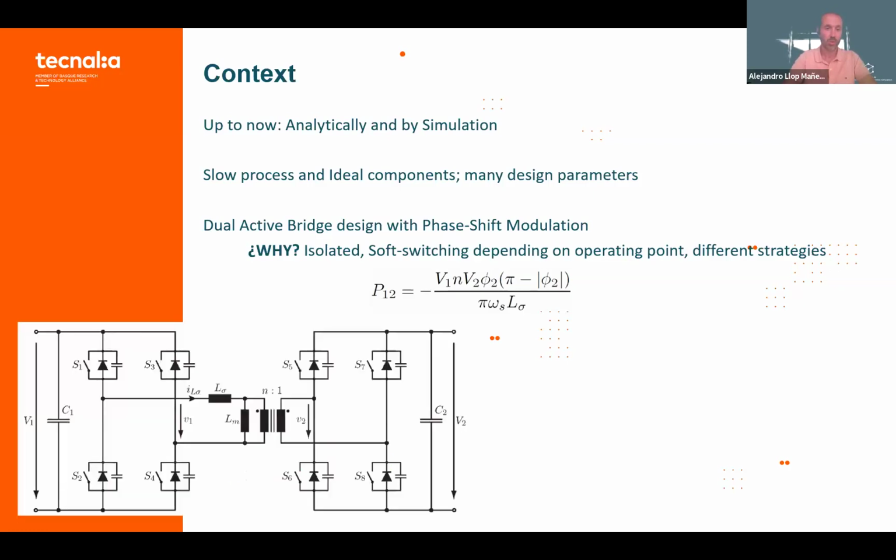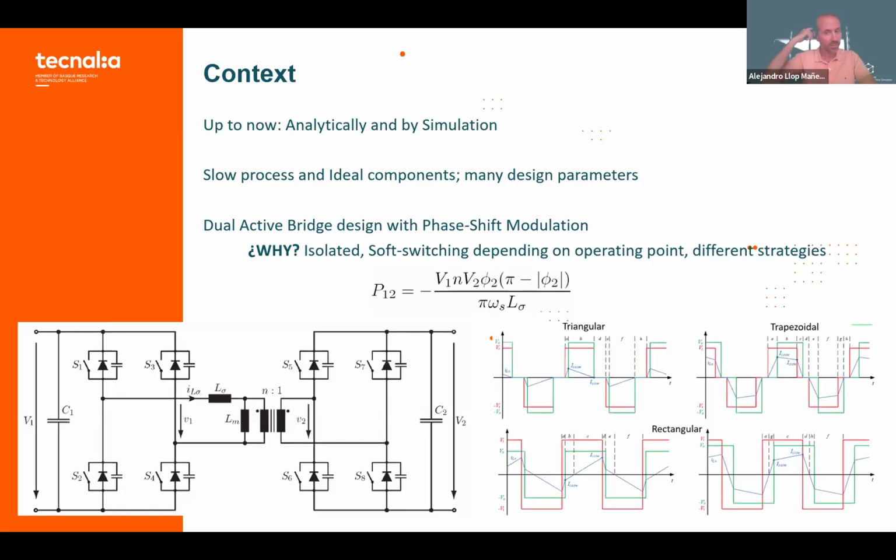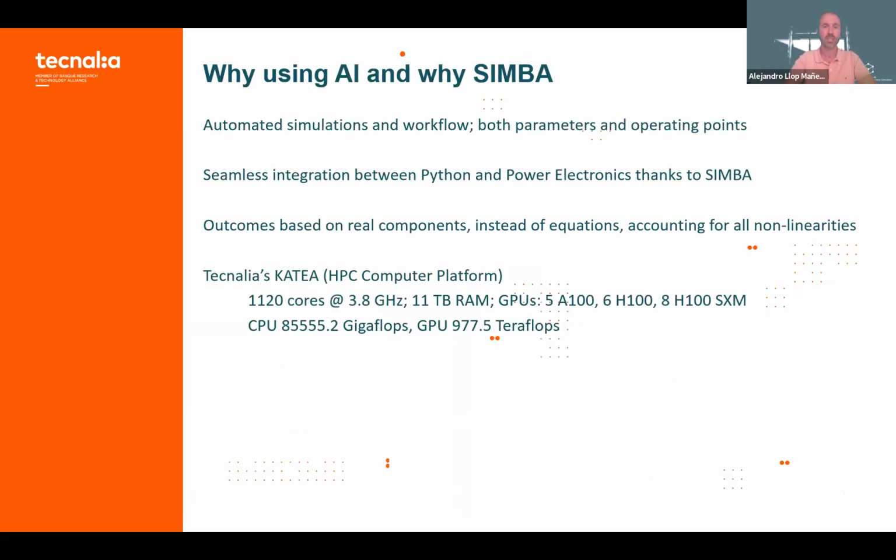It has also been mentioned many times in this conference. So I show here a schematic picture of this topology and some images of the waveforms. For this study, rectangular modulation, also called phase shift modulation, has been employed.